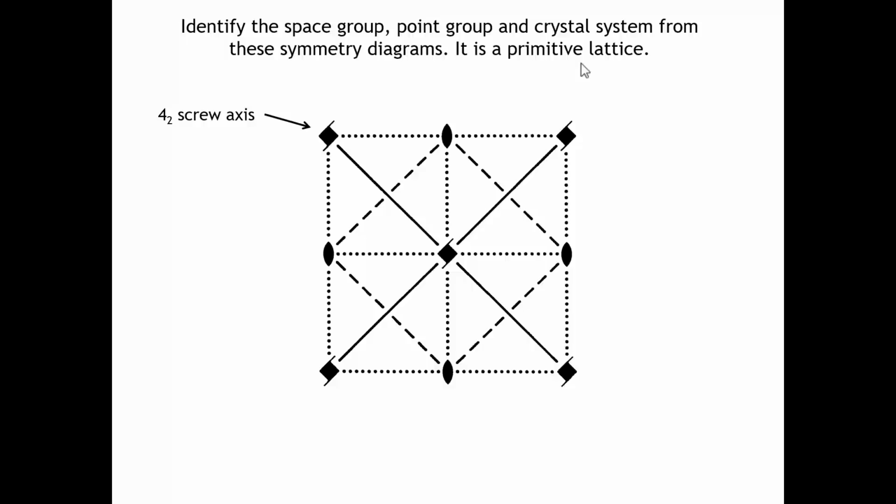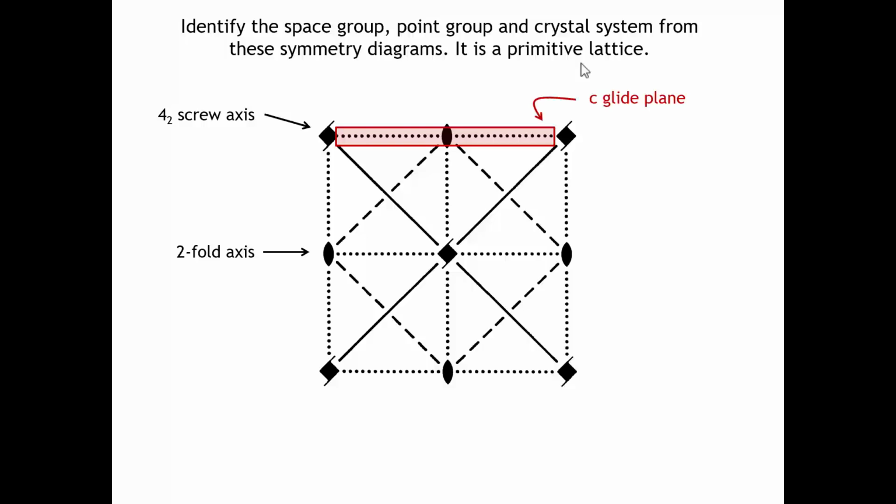What are the other symmetry elements that we see? We also have a twofold axis. That's in the same direction as the 4/2 screw axis. So it is a symmetry element of this space group, but it's not going to show up in the name. But now, for a tetragonal space group, the next thing we want to look for are the symmetry elements that are associated with the A and B directions.